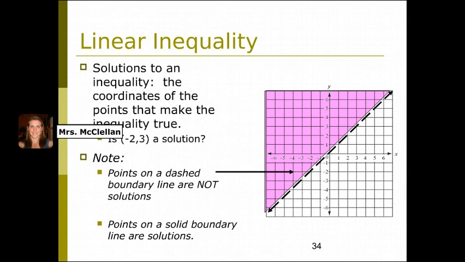Here's an example of a linear inequality. The solutions to an inequality would be the coordinates of the points that make the inequality true. For example, in this inequality pictured here, is -2, 3, which is an ordered pair, a solution?